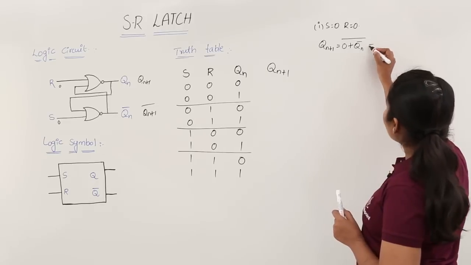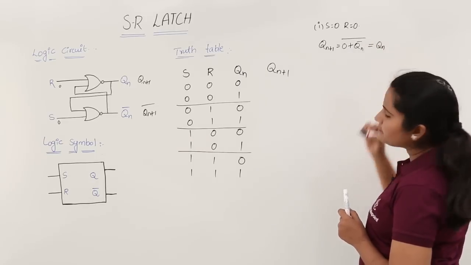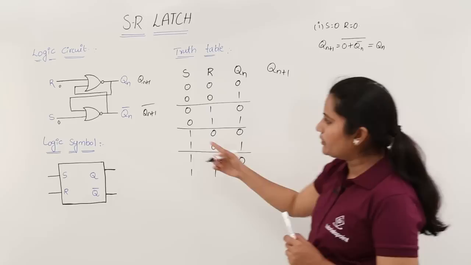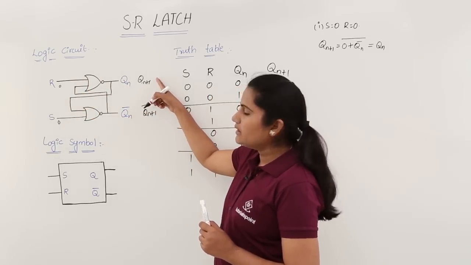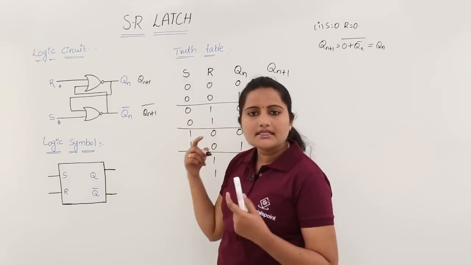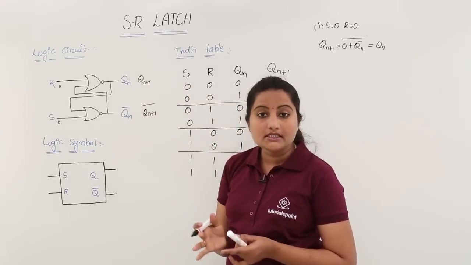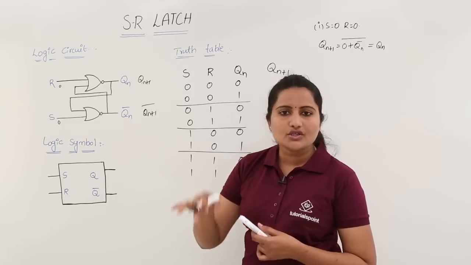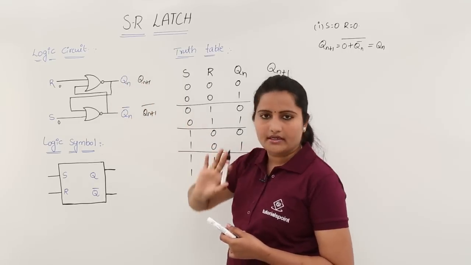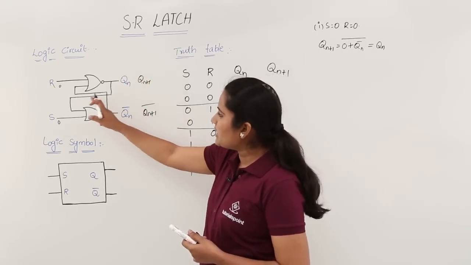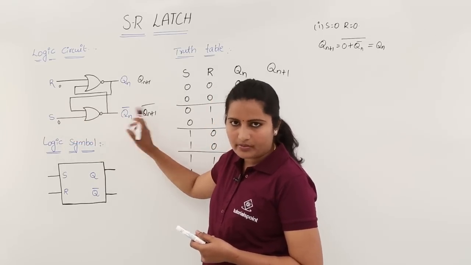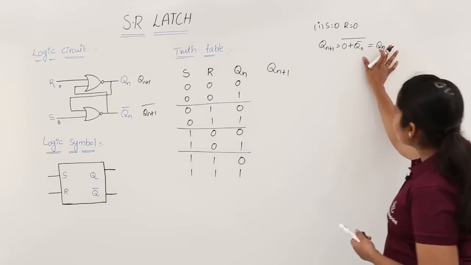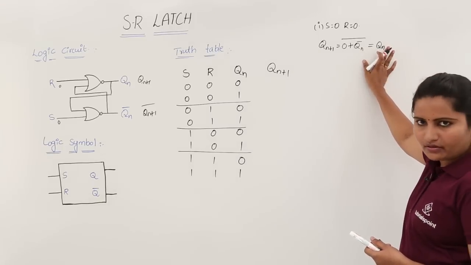So this is equivalent to Qn. After processing this Qn bar with this 0, you are getting again Qn. That is nothing but Qn+1. That means your next state is equivalent to your present state. Now processing that Qn again, you get Qn bar in the complement part, which is equivalent to Qn only.